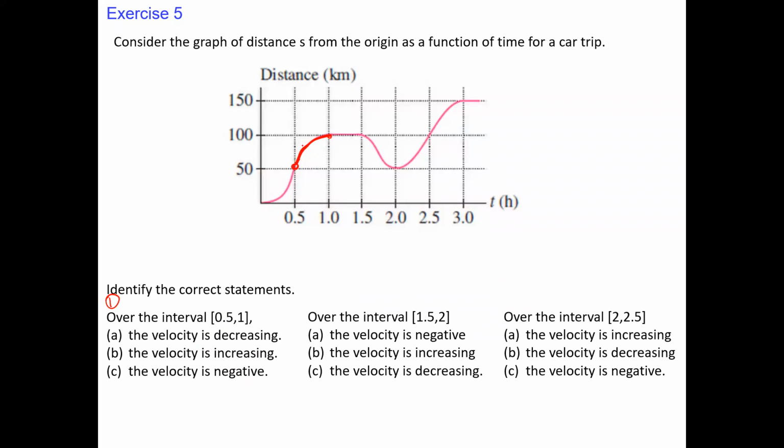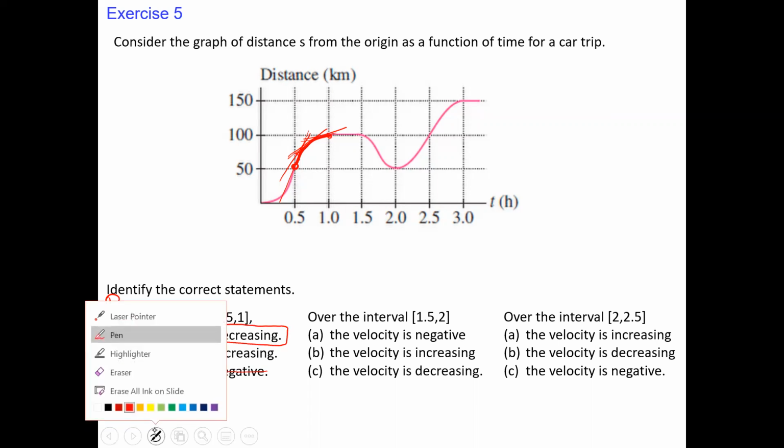Definitely, looking at the slopes of the tangent, which is the velocity, it's not negative, because when we draw the slope, positive, positive, positive, I mean, this is not a good statement. And now I kind of drew it too thin, but it was quite steep, and then less steep, less steep. The values of the slope are decreasing. Slope is the rate of change, velocity is the rate of change. Velocity is decreasing.